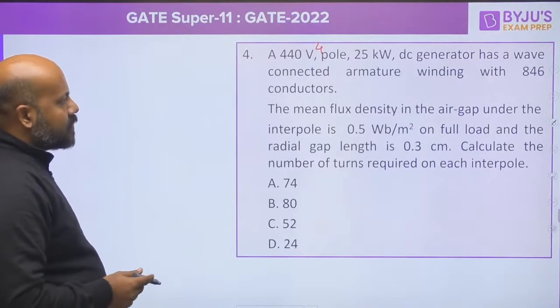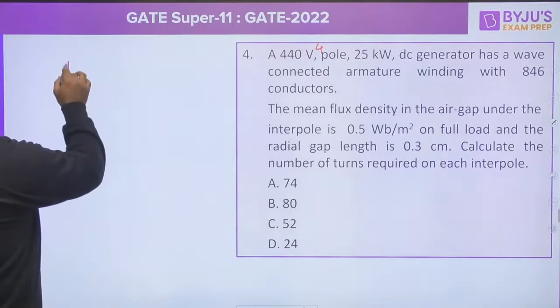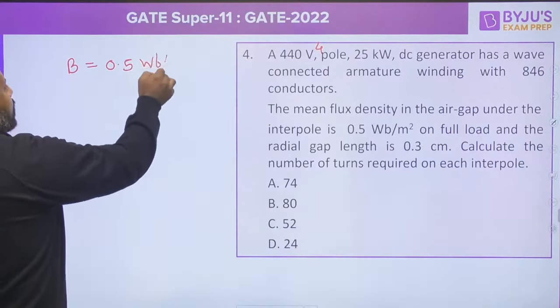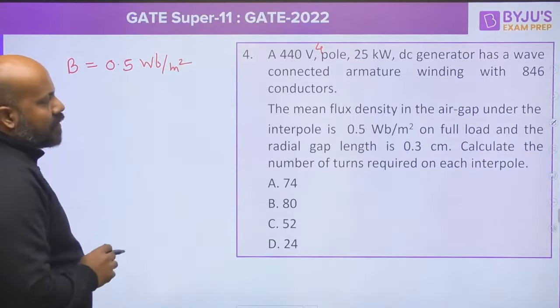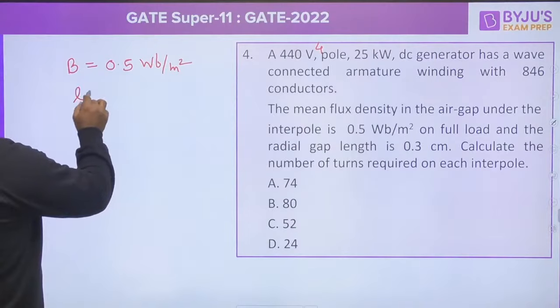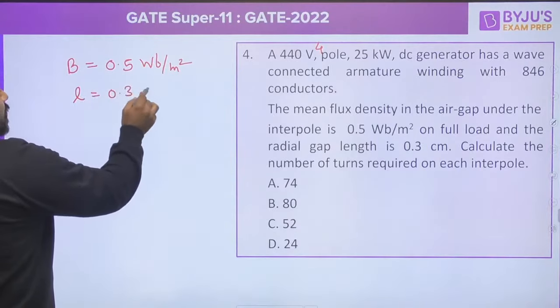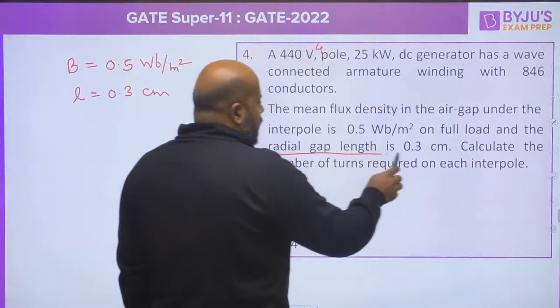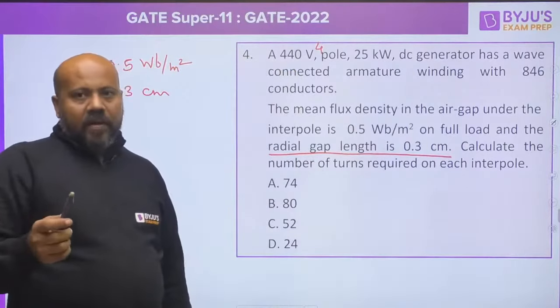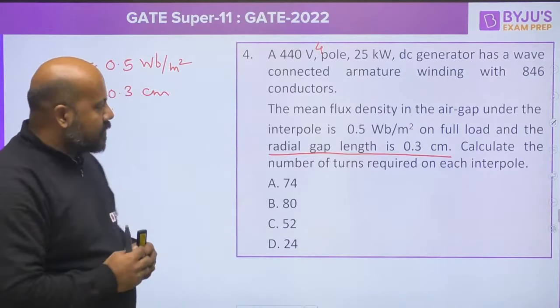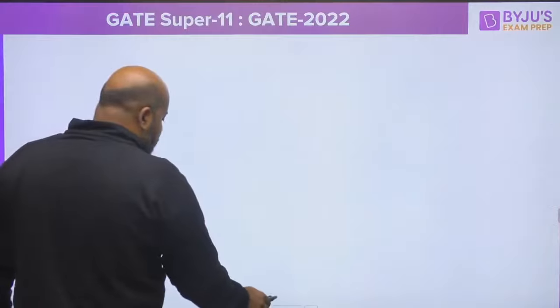The mean flux density in the air gap is given as 0.5 Weber per meter square on full load, and the radial air gap length is given as 0.3 centimeters. You know what this radial gap length is? This radial gap length is given for the gap length between the interpoles and the rotor periphery.